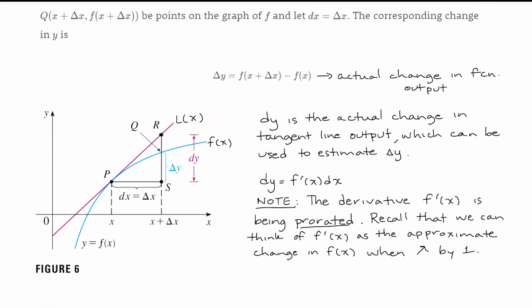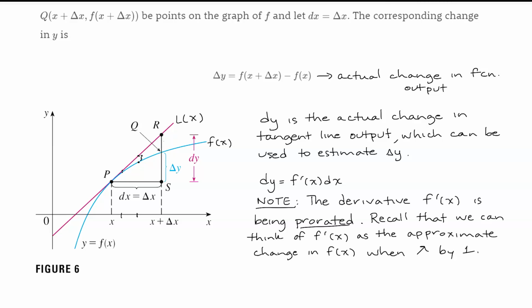And it says, notice from figure 6 that the approximation becomes better as delta x becomes smaller. So again, I'm going to write on this and then I'm going to erase what I did. So we have this much difference between how much the tangent line went up and how much the function went up. If we move back closer to the point of tangency and compare here, there's not as much difference between how much the tangent line went up and how much the function went up. And if we pull back even further, we can hardly tell the difference at all between how much the tangent line increased versus how much the function increased.